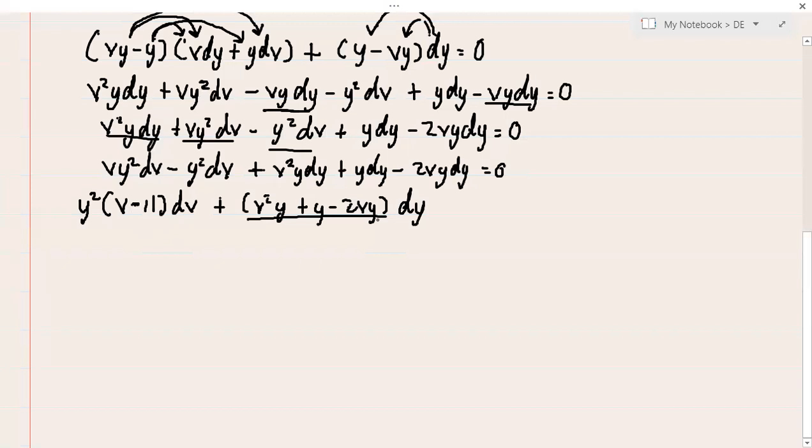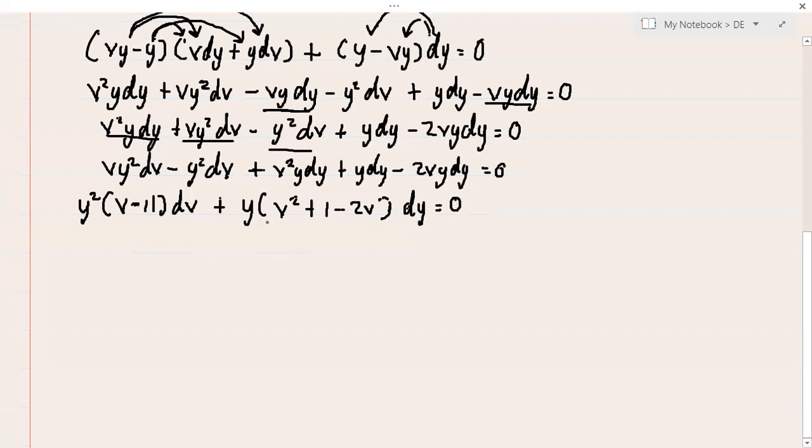So, can we do that? The answer is it's up to you actually, kung gusto mo. Sige nga, let's try to factor out the y here. Since yan yung greatest common factor nila, ang resulta natin is we will have y times quantity v squared plus 1 minus 2v, times dy is equal to 0.